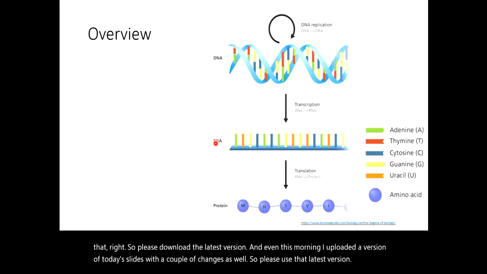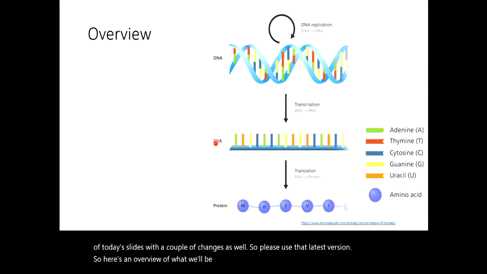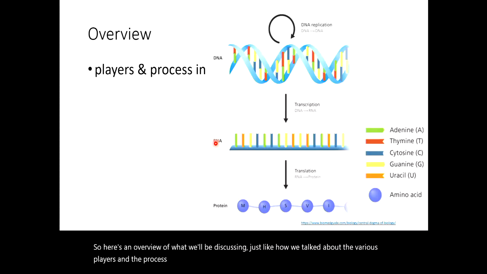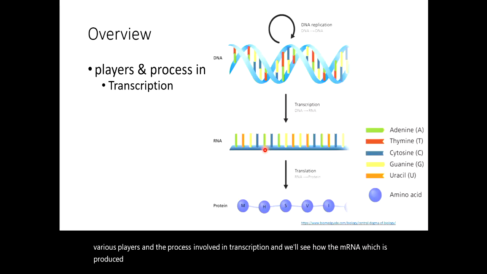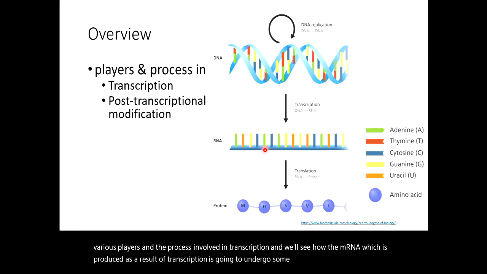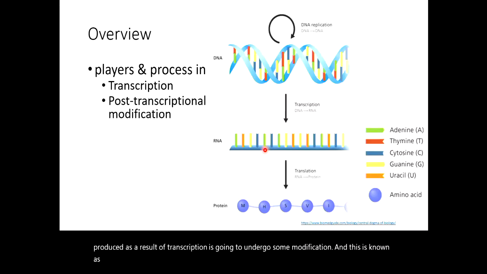So here's an overview of what we'll be discussing. Just like how we talked about the various players and the process involved in DNA replication, today we're going to talk about the various players and the process involved in transcription, and we'll see how the mRNA, which is produced as a result of transcription, is going to undergo some modification, and this is known as post-transcriptional modification.